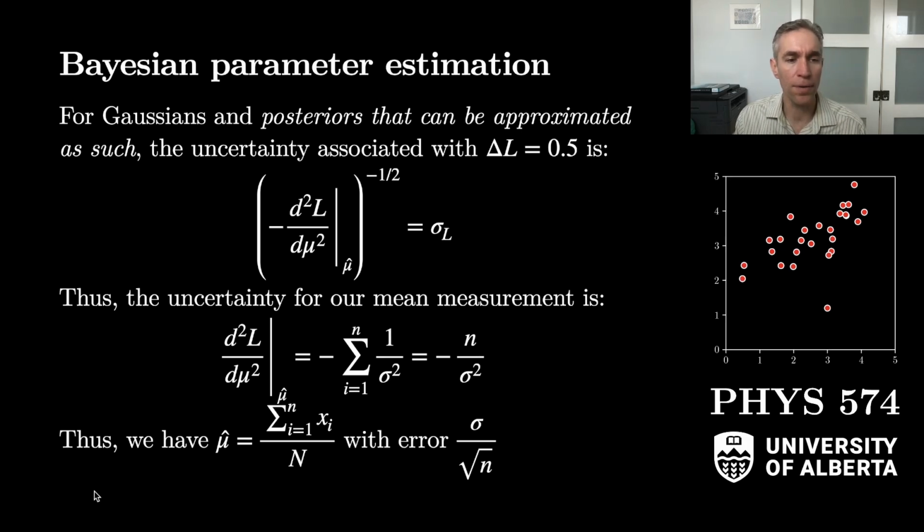Therefore, if we take the inverse negative square root of that, we get the error in the mean, which is, not surprisingly, sigma over the square root of n. So we just get all of these standard results out of the Gaussian analysis of the data in this context. Not intended to be shocking, but just intended to illustrate a previous path.